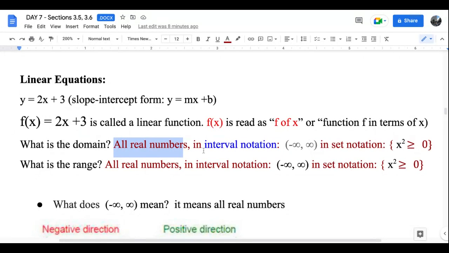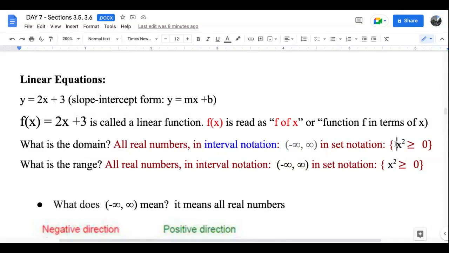So usually we use interval notation to represent any real number. All real numbers means going from negative infinity up to positive infinity. So this we call interval notation. In words we say all real numbers. In interval notation we write an open parenthesis, negative infinity, comma, positive infinity, close parenthesis.